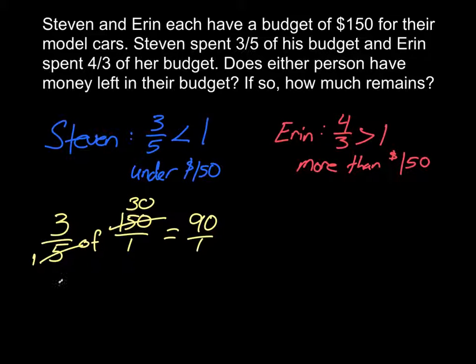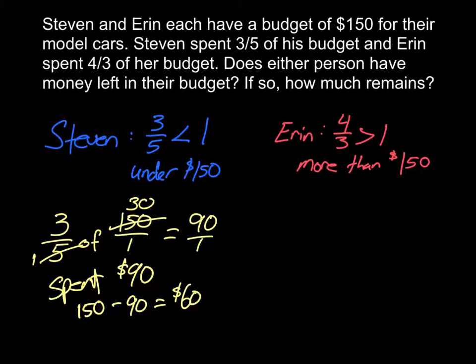So we know that Stephen spent $90. If he has $150 total that he can spend, and he's only spent 90, we can do 150 minus 90, and we can see that he has $60 remaining.